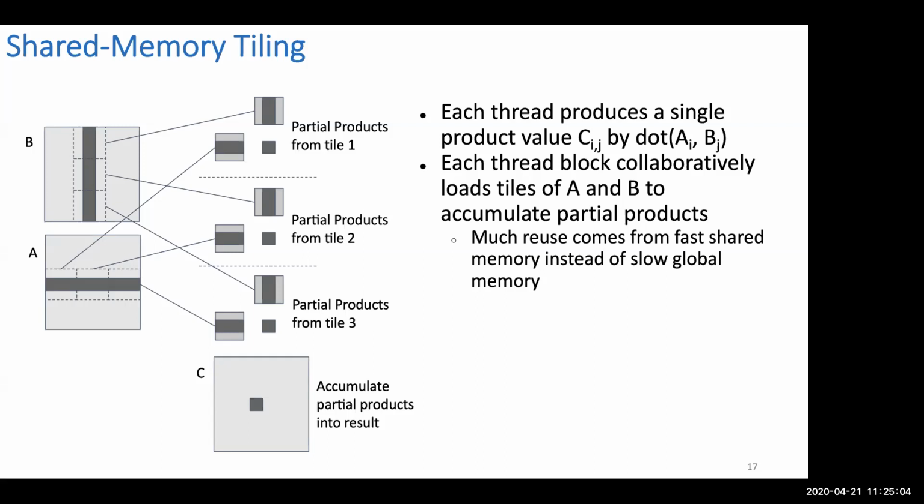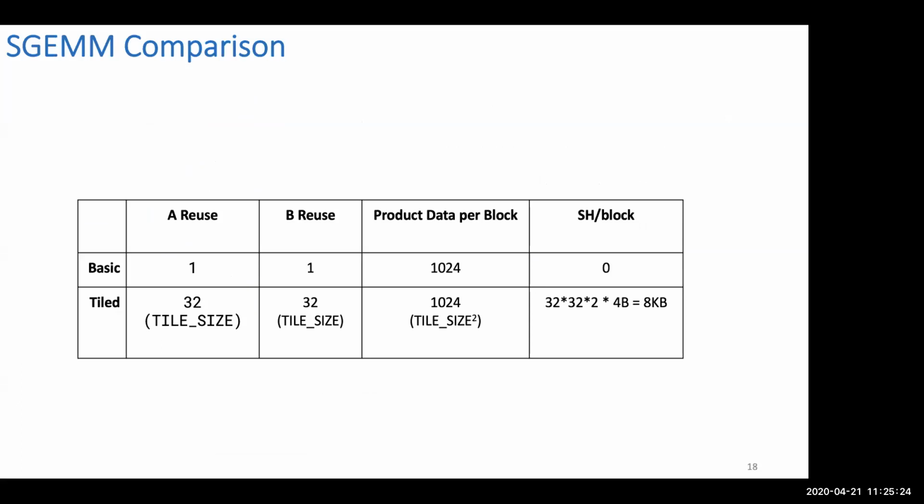And so in this way, all of the threads that are producing results for that tile make the repeated accesses from that fast shared memory instead of the slow global memory, hopefully improving the performance of our GPU code. In what I'm calling the basic implementation, we have no reuse for every time we load an entry from global memory from A or B. In our particular implementation, we're going to produce 1,024 results per block, and we're not going to use any shared memory.